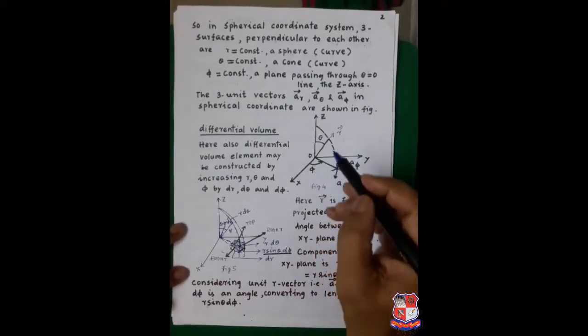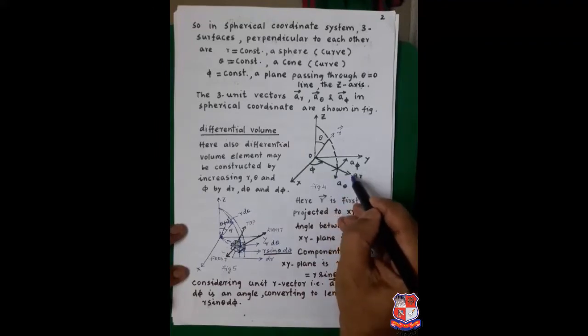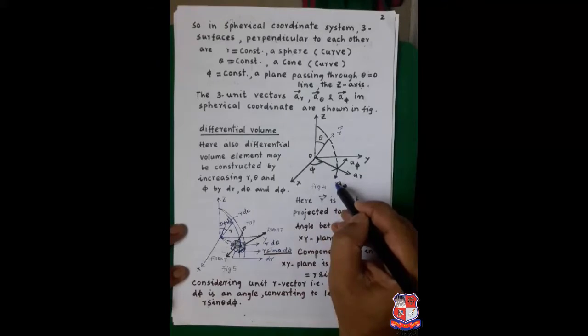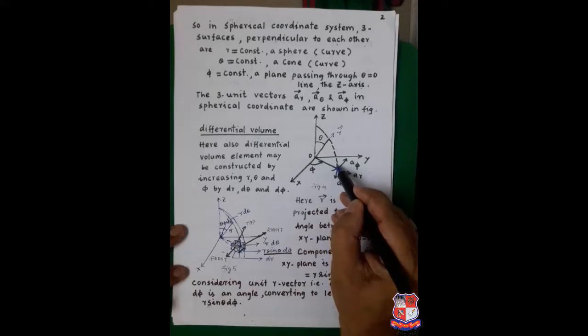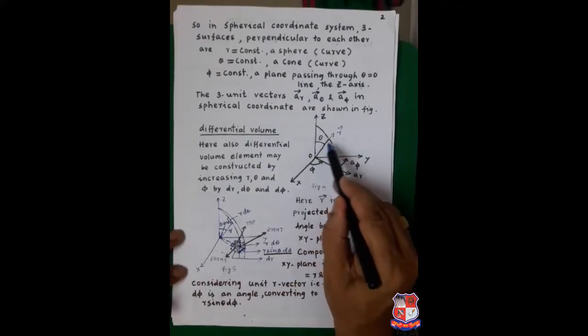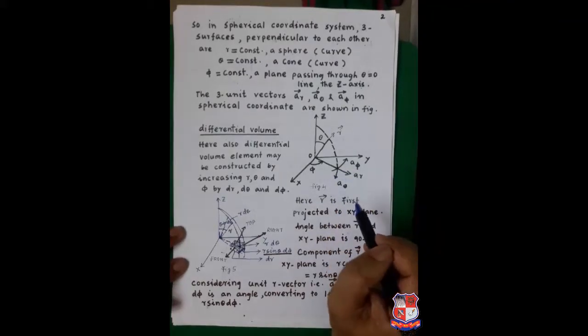Here I have shown you a_r, this is your a_r vector, after r has been projected to the xy plane. This is your a_theta direction and this is your a_phi. Though here it does not seem that they are making 90 degrees with each other, in a practical case, by considering a sphere, cone and plane, you can find a_r, a_theta, a_phi are perpendicular to each other.